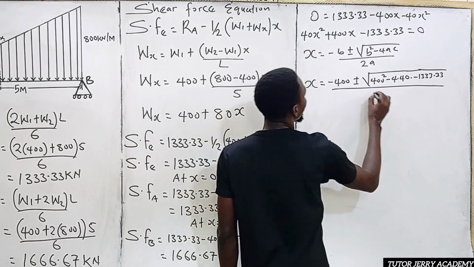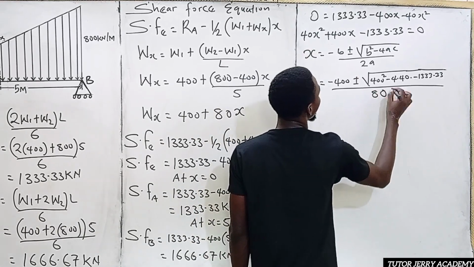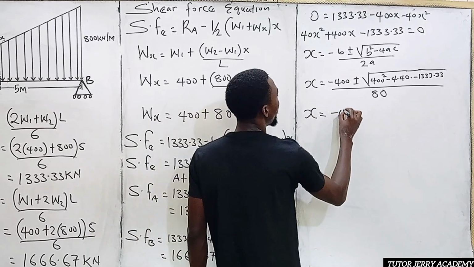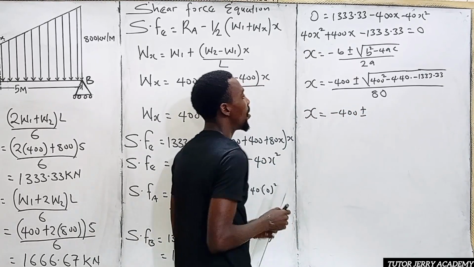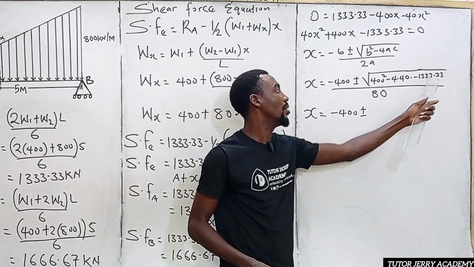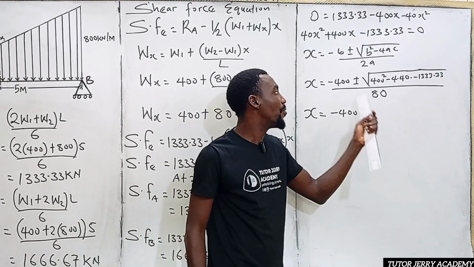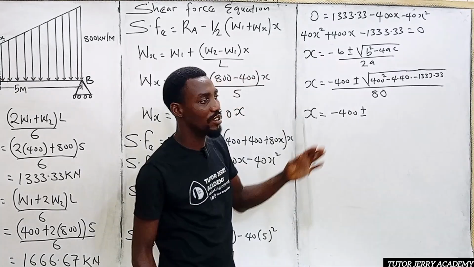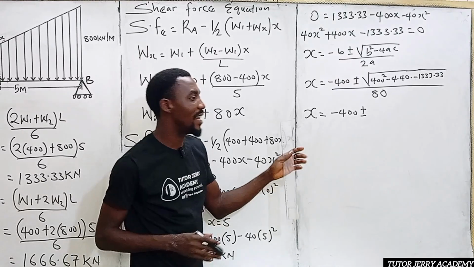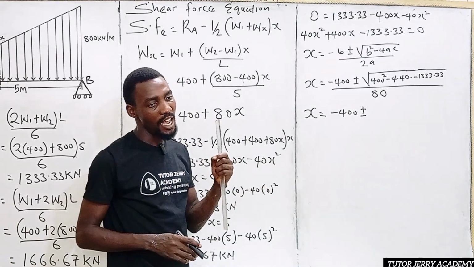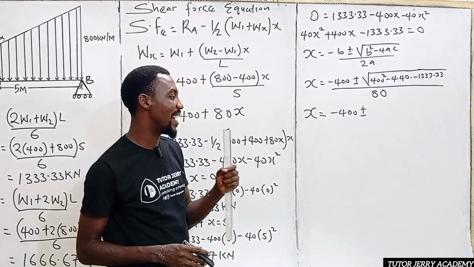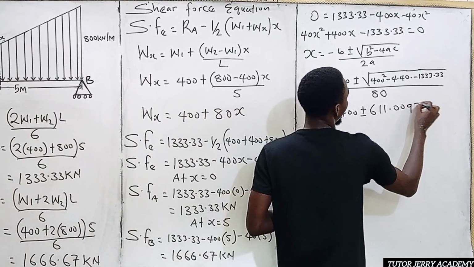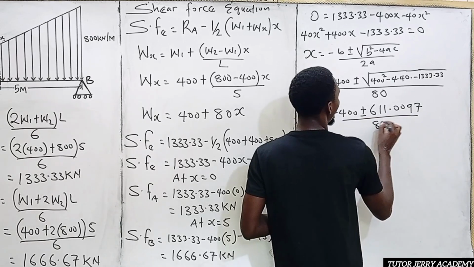A is 40, so 40 multiplied by 2 is 80. If you press this in your calculator, 400 squared minus 4 multiplied by 40 multiplied by minus 1333.33, and take the square root, you get 611.0097, all over 80.